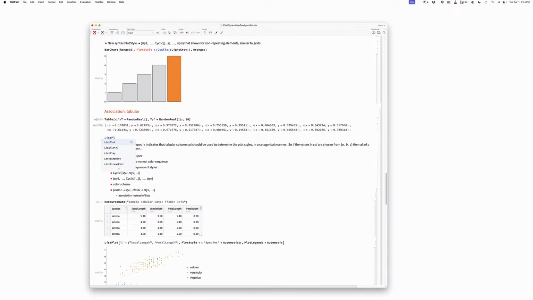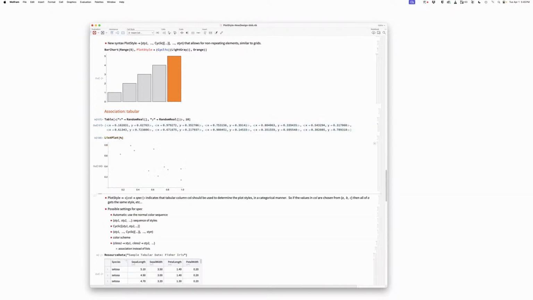Now if I say list plot of that, what the hell is that? It took the first key as X and the second key as Y, which coincidentally is how you named them, but it is not reading the X and the Y. Yeah, I understand. You could name it cat and dog and it would do the same thing.